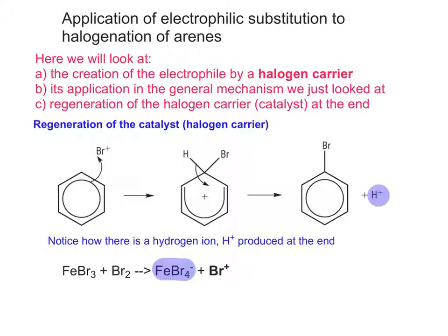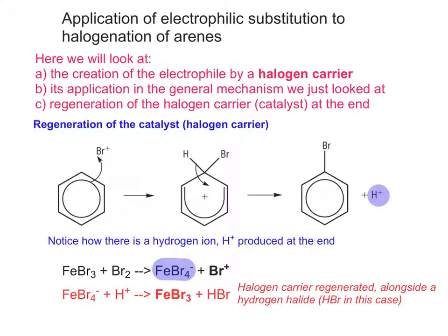It could have happened with AlBr3, for example, as well, or even AlCl3 if we were chlorinating, but we're going to use the bromination as our model at this particular point. But just bear in mind that you can apply this to AlBr4-, or if you're chlorinating or iodinating, you change the halogen round, of course. So as you can see, we get the halogen carrier back and also a hydrogen halide, HBr in this case.